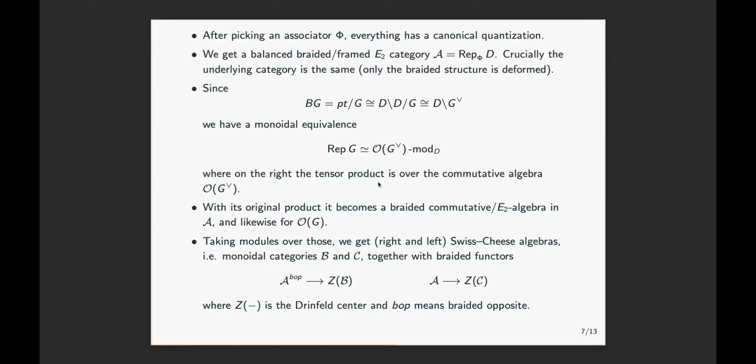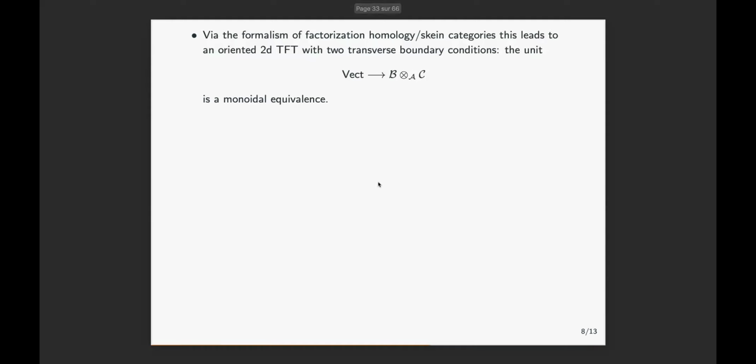It's a categorification of the center, and then you have a braided monoidal map from A to the center, maybe with some opposite here. So you should think of this as a categorification of the notion of an algebra over a commutative algebra. You can think of an algebra over a commutative algebra as a map from your commutative algebra to the center of your algebra. So that's the categorification of that.